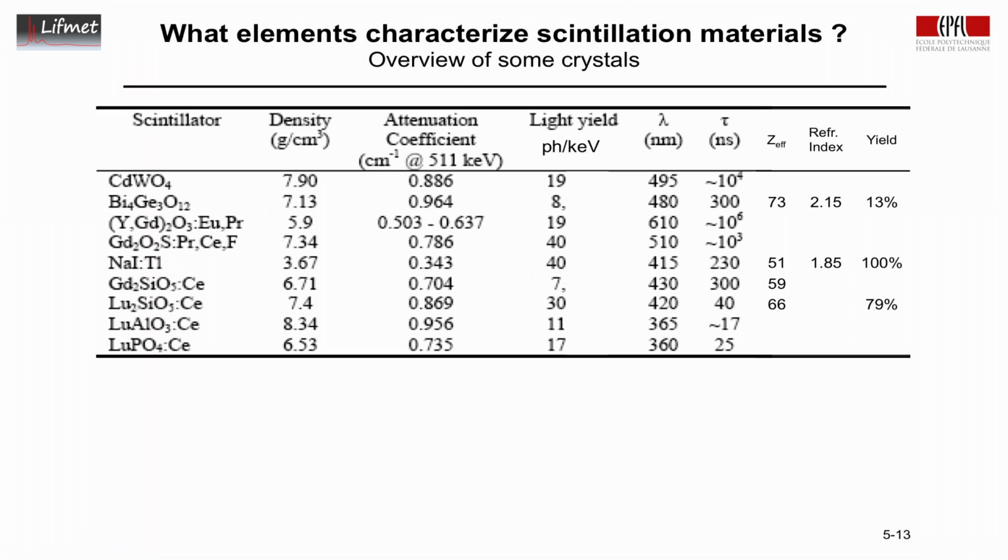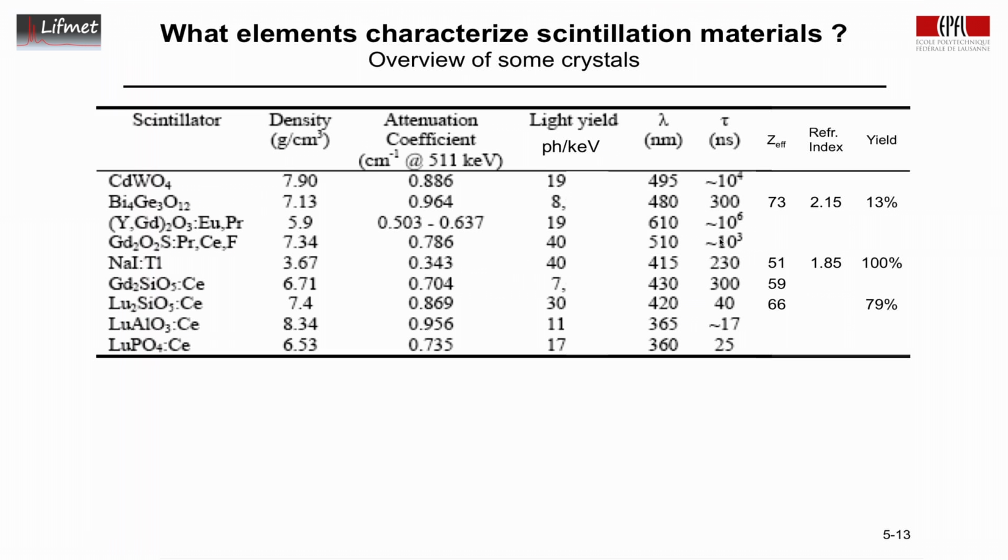And we see here we're ranging between 70 and 40 photons per kiloelectron volt. So we have sodium iodide, which is among the most efficient here in terms of energy yield, produces 40 photons per kiloelectron volt. The wavelength of the scintillation light here ranges between 360 and 600 nanometers.